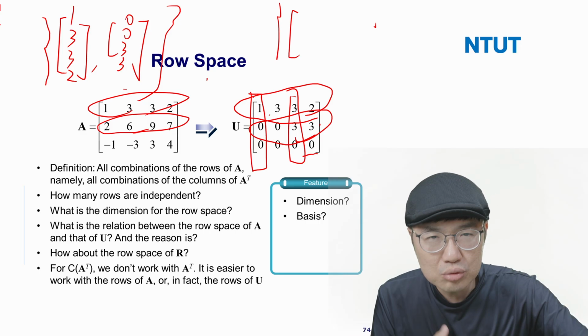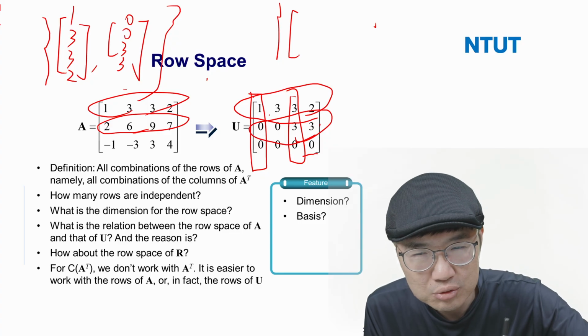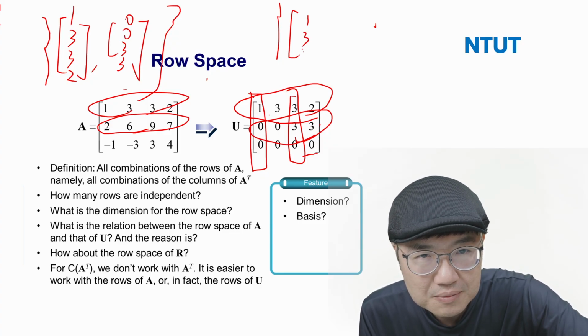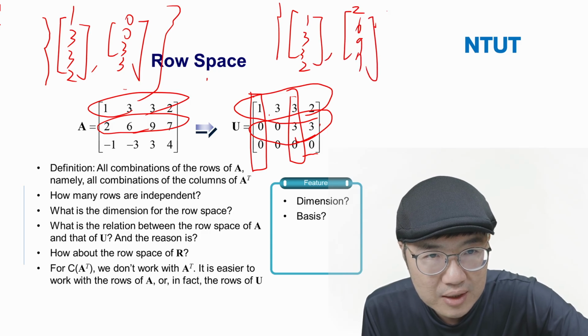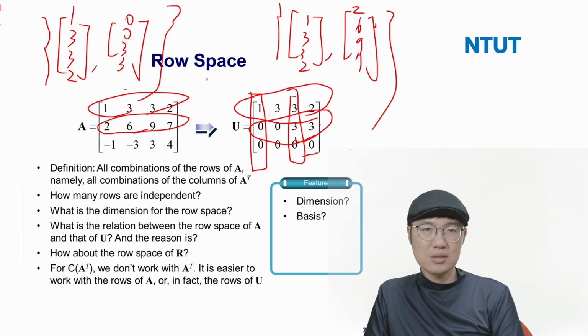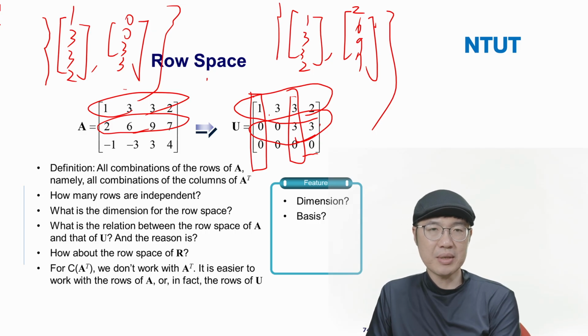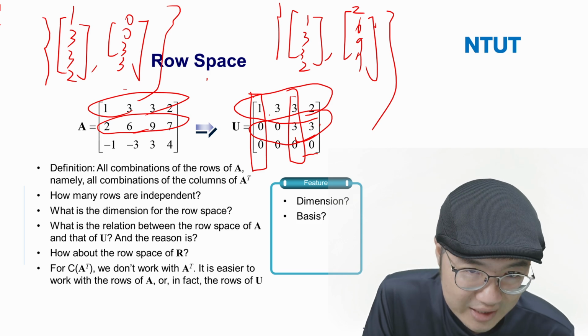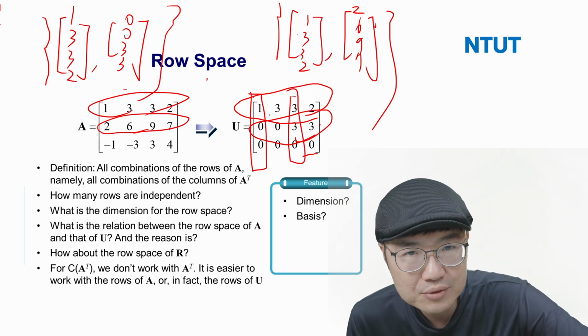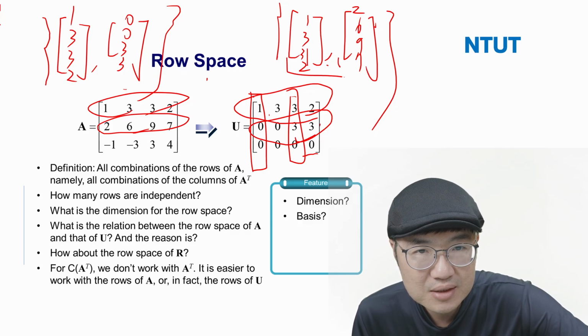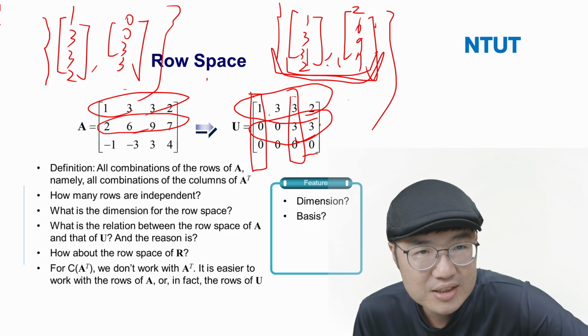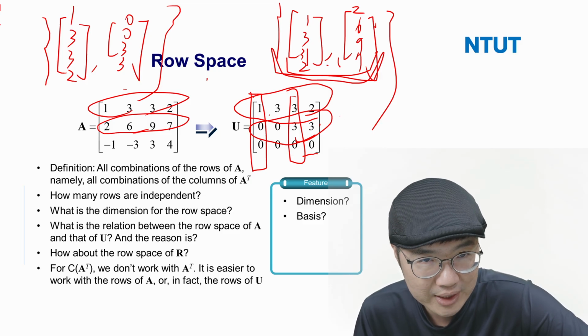So shouldn't I trace back to A and see 1, 3, 3, 2, 2, 6, 9, 7 as my basis? How can I take those independent rows in U and consider them as the basis? Yes, it's true that 1, 3, 3, 2 and 2, 6, 9, 7 are my basis in row space. This is true, it's correct.